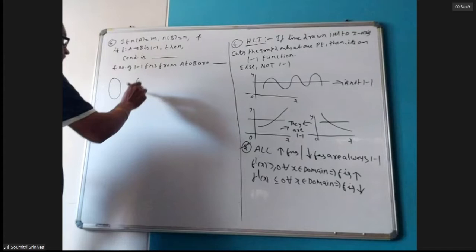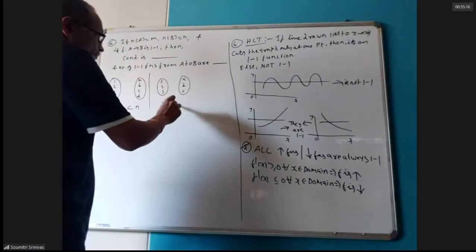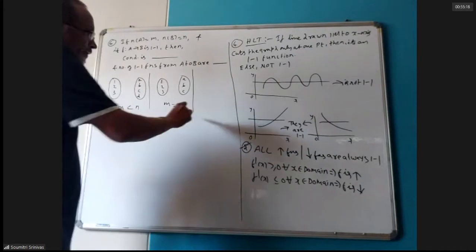M less than n. What is happening now? Oh, sorry. M is equal to n. Third case.